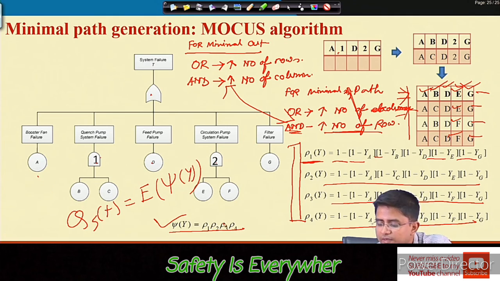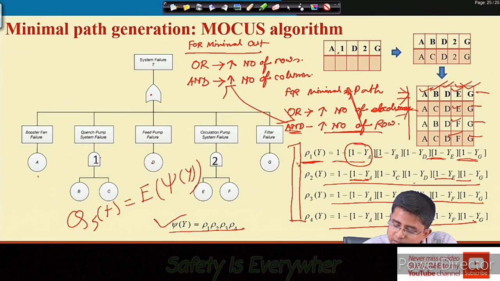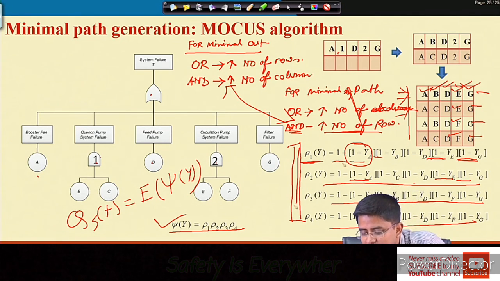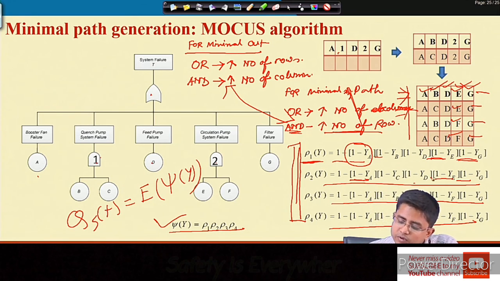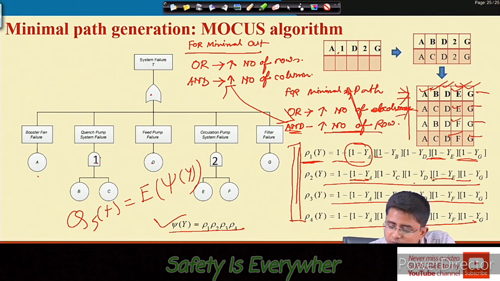But one thing you have to notice here: in the path structure, the term 1 minus y A, in the second path structure again 1 minus y A is coming, 1 minus y E is also coming, 1 minus y G is also coming. Means all these values appear more than once in the structure. So, as these appear more than once, you have to dig down at the last position, otherwise you will make a mistake.